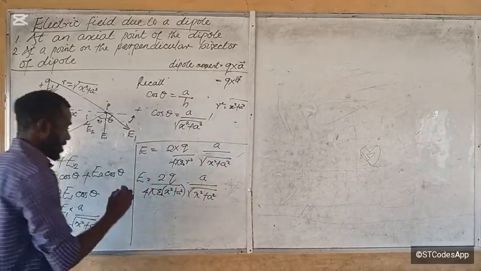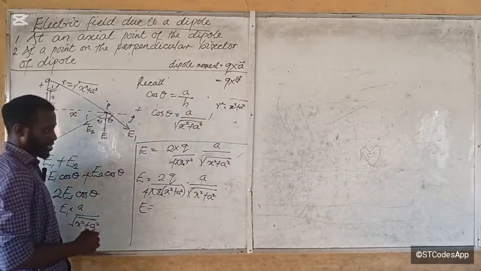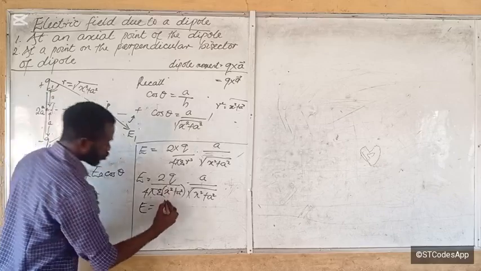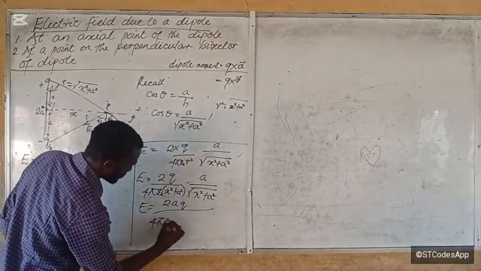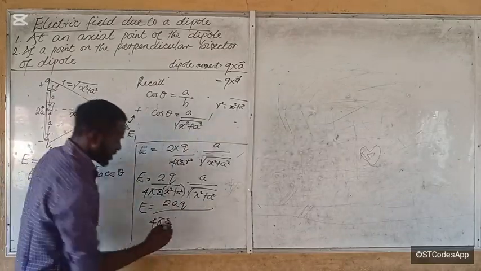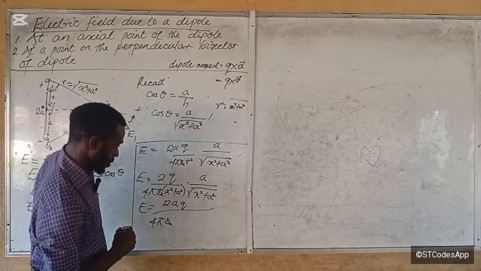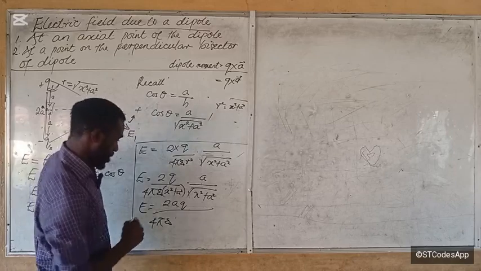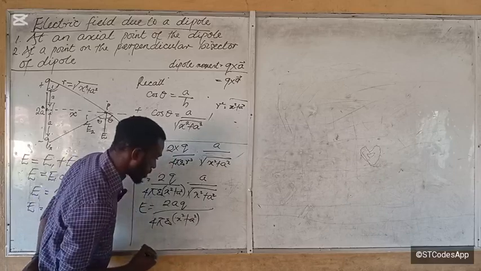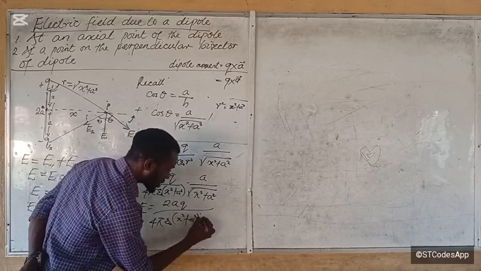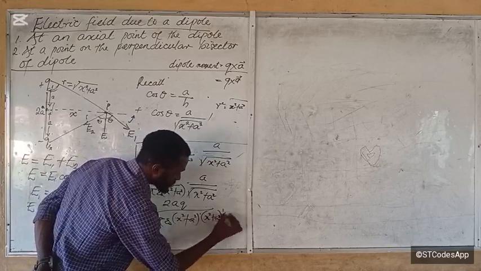All right, so here we can bring them together and say 2AQ over 4 pi epsilon naught, times x squared plus A squared raised to power 1, times x squared plus A squared raised to power half.